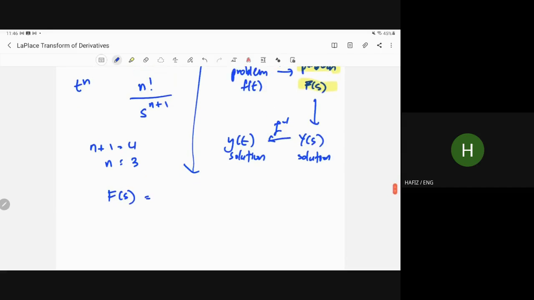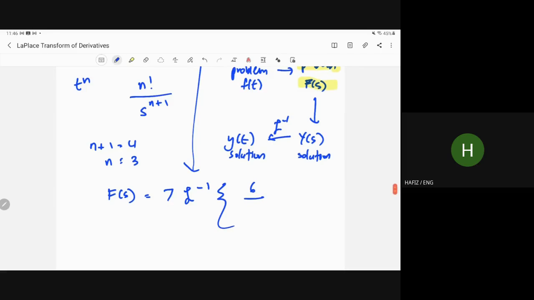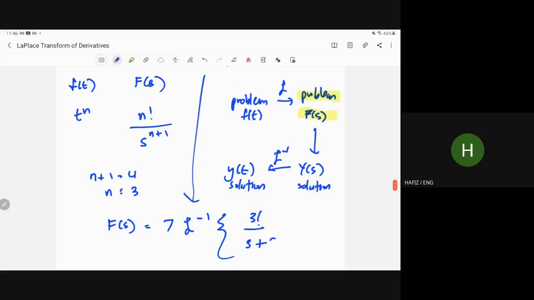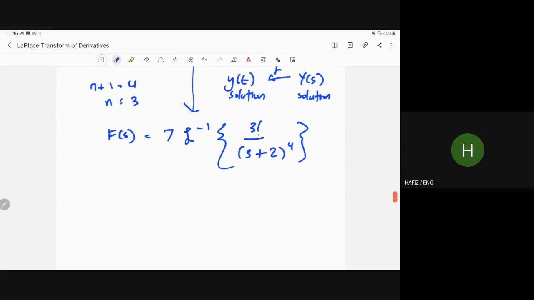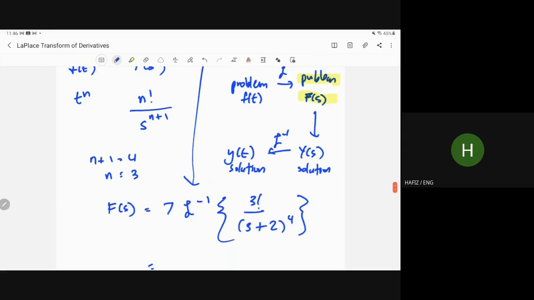That means you need to bring the 7 out, and then you have a 6 here. It's 3 because this is actually 3 factorial. Okay, so 3 factorial over (s plus 2) to the power of 4.